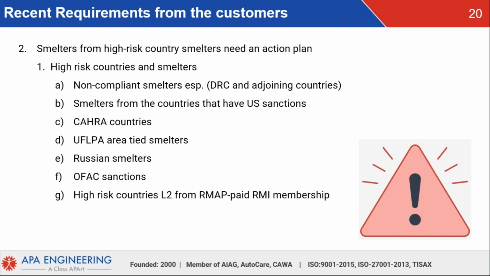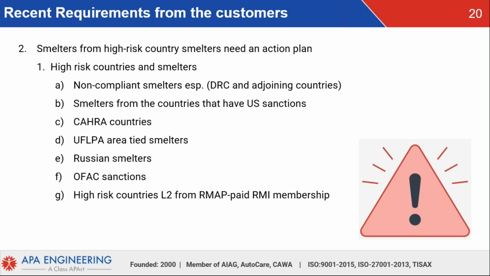And the third one is CAHRA countries. This is a requirement from EU conflict minerals. So CAHRA countries means conflict affected high risk areas. This is being followed by the European companies. The list contains not only the DRC countries, but also many other countries along with the state names.